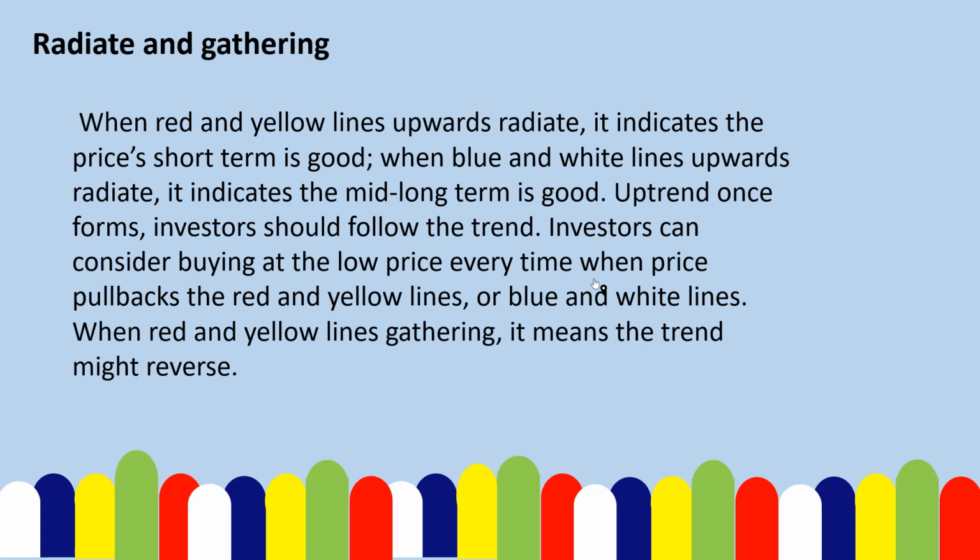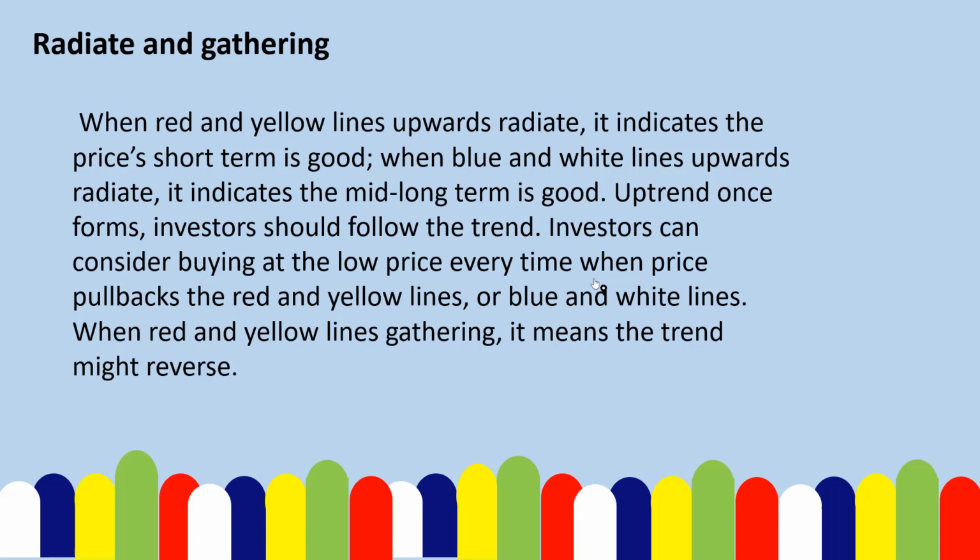First, we learn about the radiate and gathering. When the red line and green line and the yellow lines radiate upwards, it indicates the short-term price turns good. And when the blue line and the white lines radiate upwards, it indicates the mid long term is good.